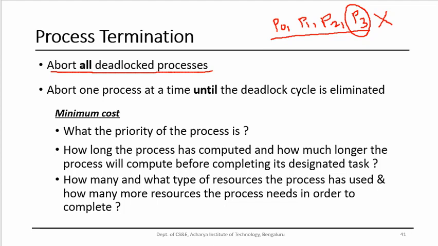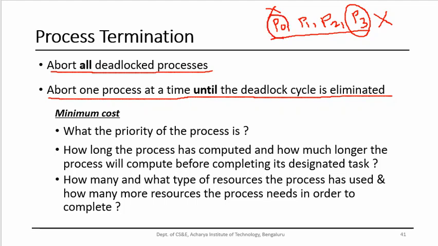An alternative approach is to abort one process at a time until the deadlock cycle is eliminated. That is, you abort P0. But the problem associated with this approach is that after you abort a process, you will have to run the deadlock detection algorithm to see whether the deadlock still exists or not.